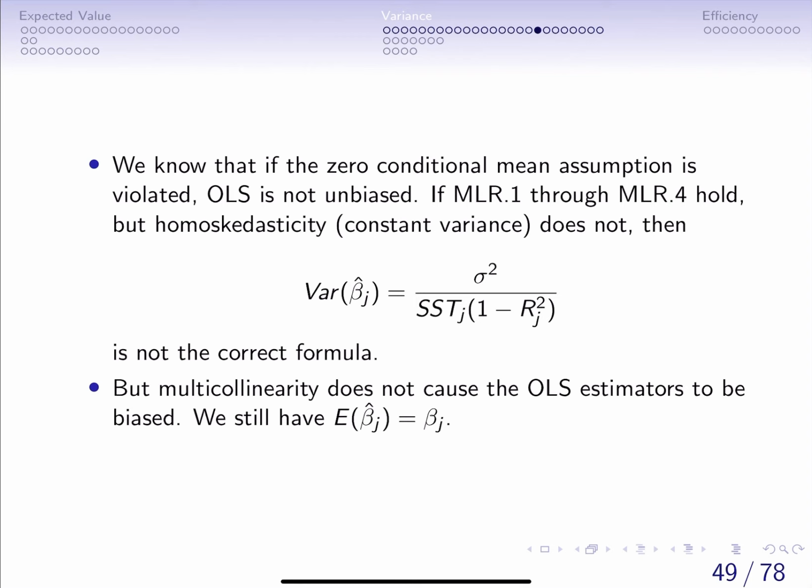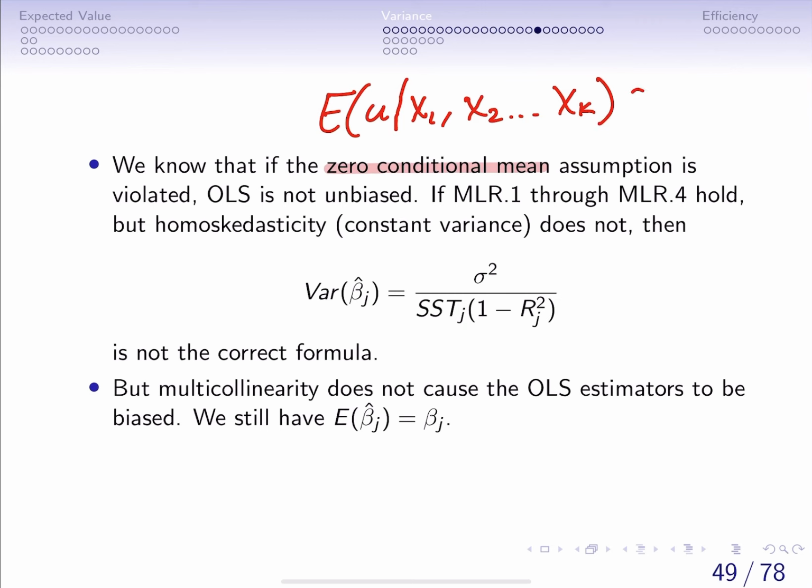Okay, and also to note that as long as the zero conditional mean assumption, which is to say that the expected value of u given x1, x2 through xk equals 0, is met, the OLS estimator is unbiased. Okay, so we only need those first four assumptions to hold. But if it is violated, then this is not unbiased.